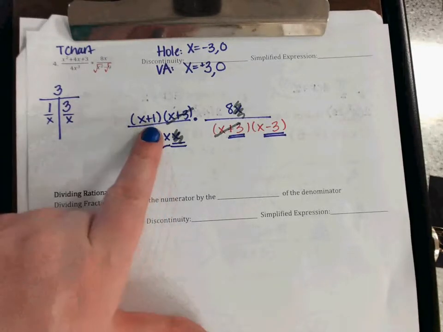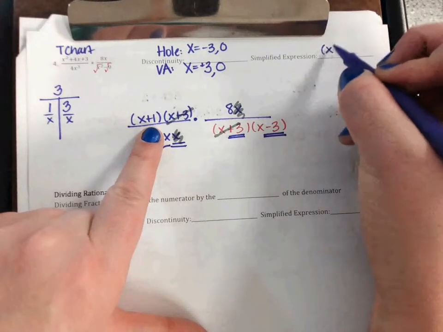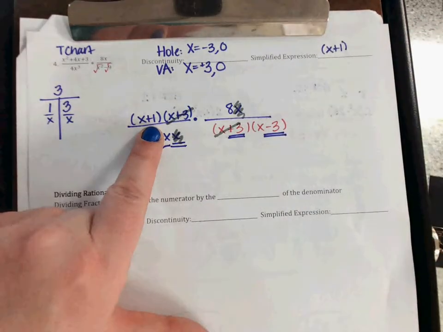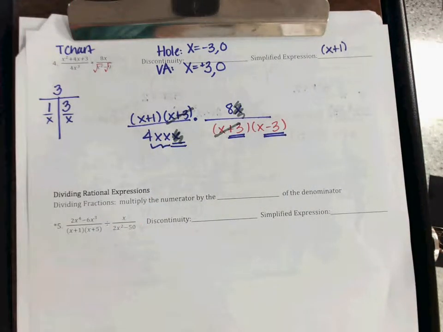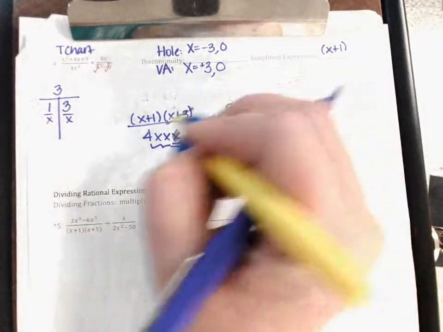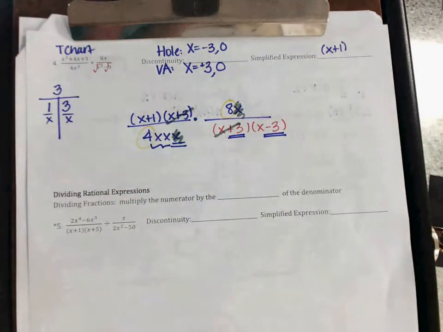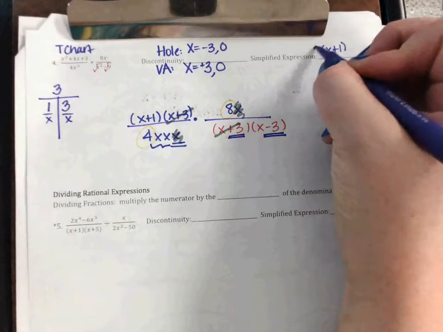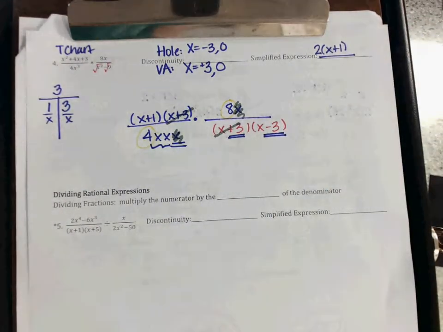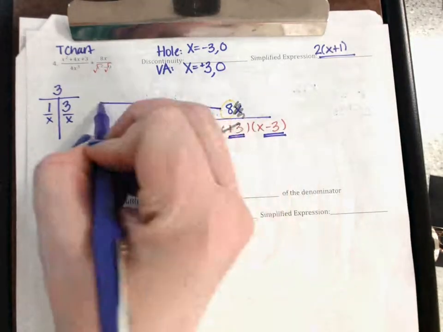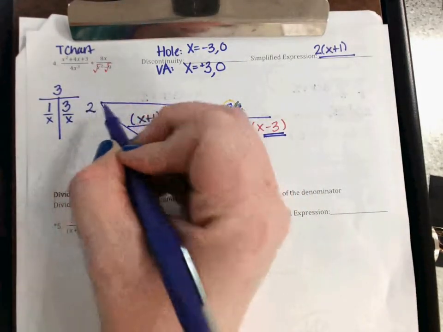Then for your simplified expression, you just put whatever survives the canceling out. So on top, I have an x plus 1. And actually, let me say one more thing here. If you have a number that's left over on top and on bottom, you can divide them with each other. So this is what I mean by that. If I have an 8 on top and a 4 on bottom, what is 8 divided by 4? Then I'm just going to leave a 2 on top. So 8 divided by 4 gives me a 2 left over.